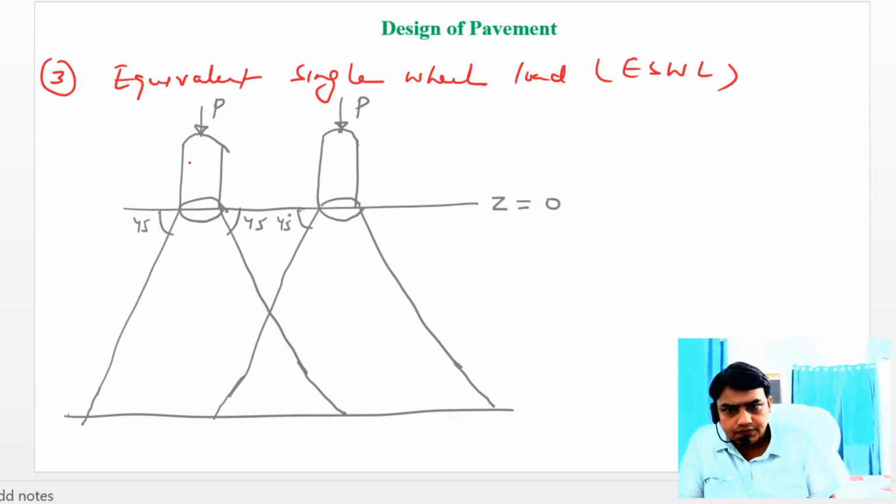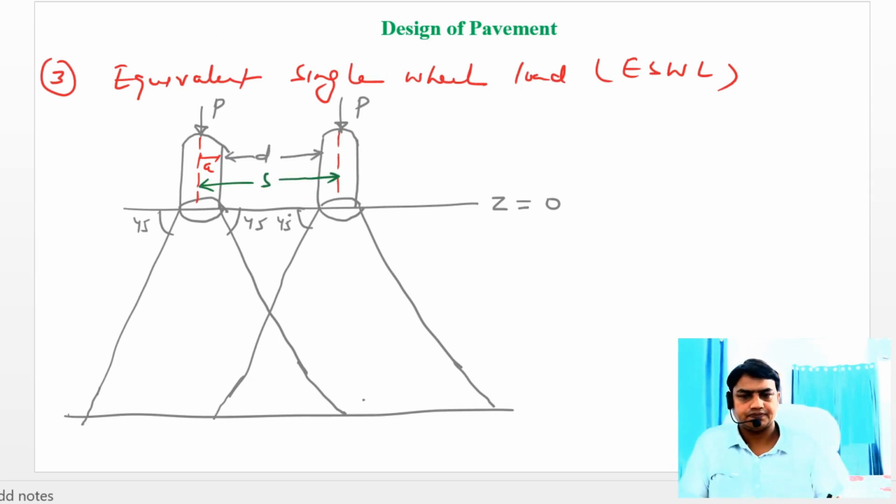Here the radius of contact area is small a. S is the center to center spacing between the tire, and D is the clear distance between the tire, and this is the overlap.